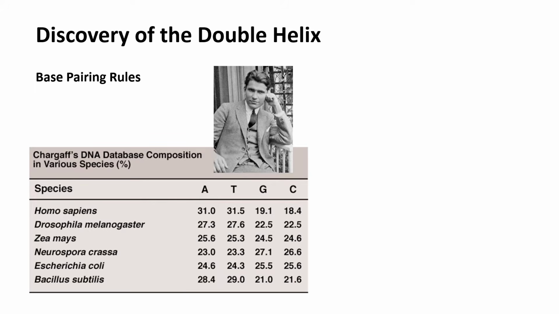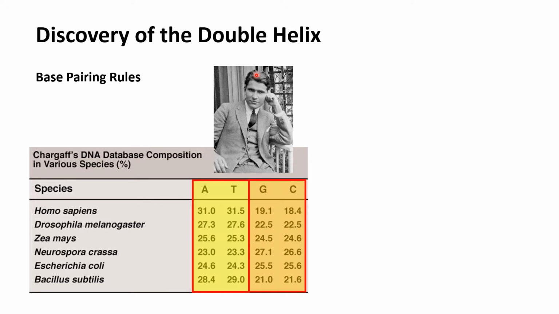No matter what species he looked at, he noticed that the percentage of adenine always seemed to equal the percentage of thymine. He found this in Homo sapiens, which is the Latin name for humans. He found this in the fruit fly, Drosophila melanogaster. He even found it in E. coli, a bacterial cell.